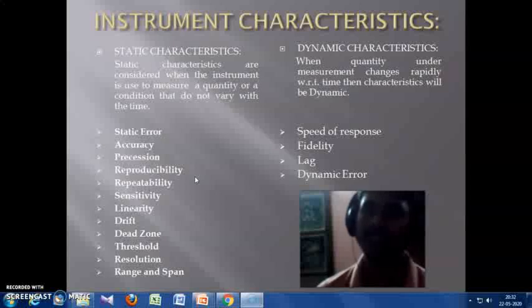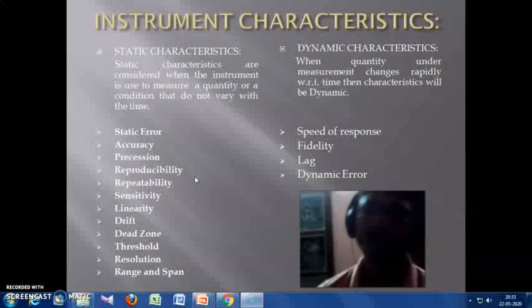And range and span: for example, if the scale shows from 0 to 300 volts, the span is from 0 to 300.